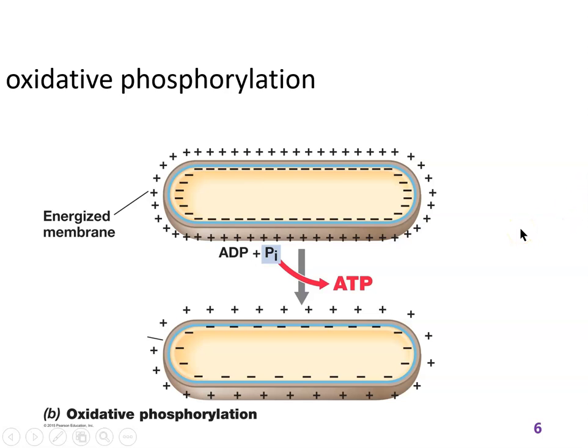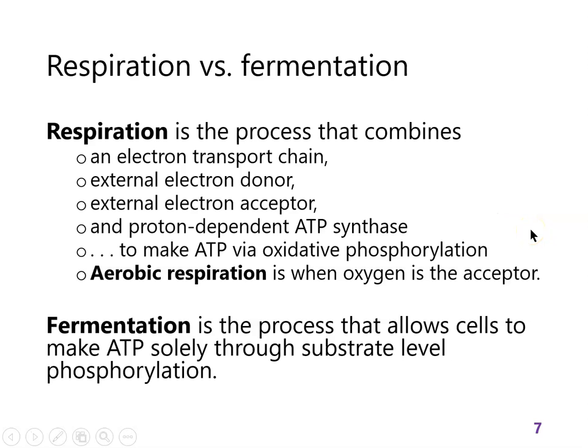Generally, oxidative phosphorylation is more efficient and generates a lot more ATP than substrate level phosphorylation does. And so what you would have seen in human physiology was a comparison of respiration using oxygen versus fermentation, and how much ATP you can get from one glucose molecule, and it's vastly different.